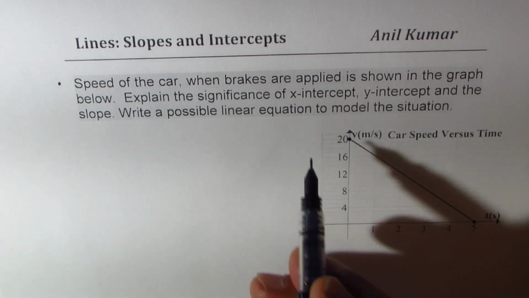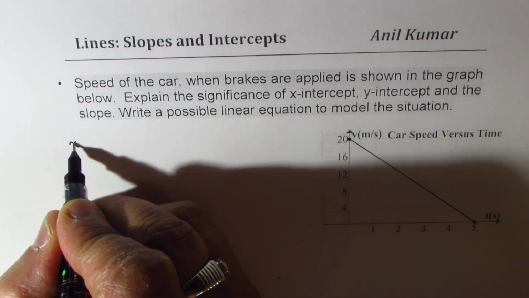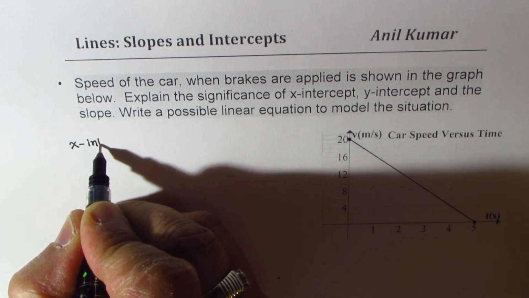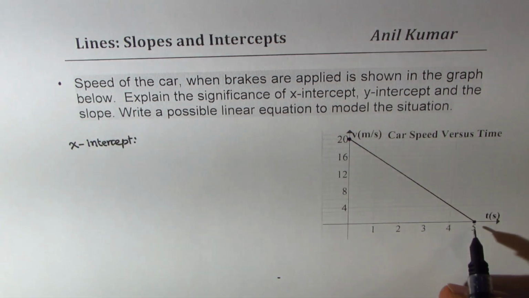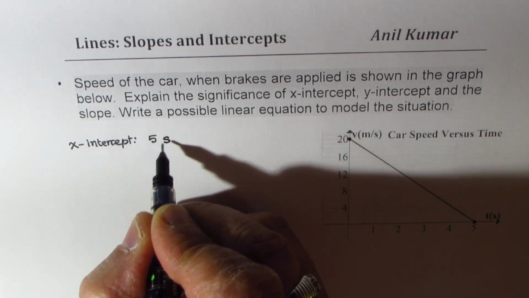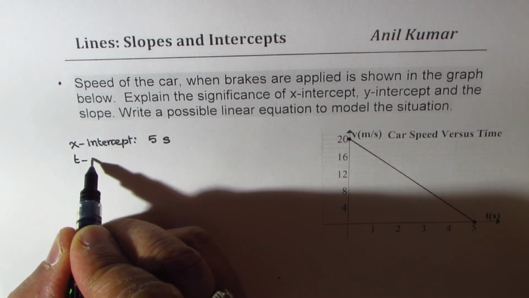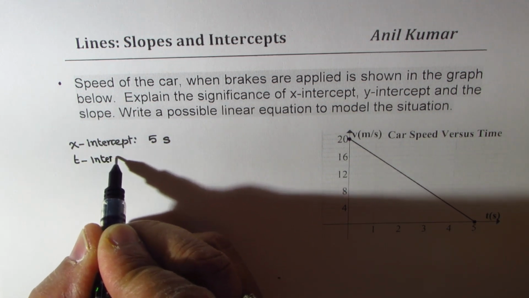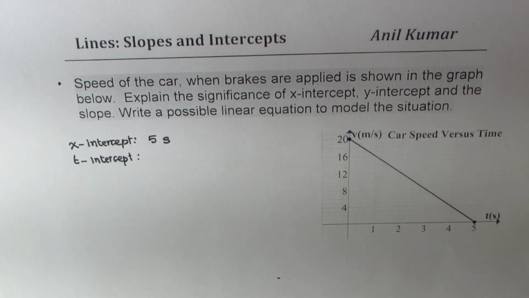So let's read the values of the x and y-intercept from the graph. So we have the x-intercept at 5 seconds. At times, we would prefer to write this as t-intercept, since along the x-axis we have taken time, the independent variable here.